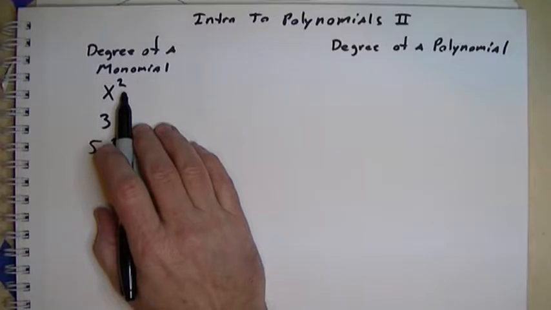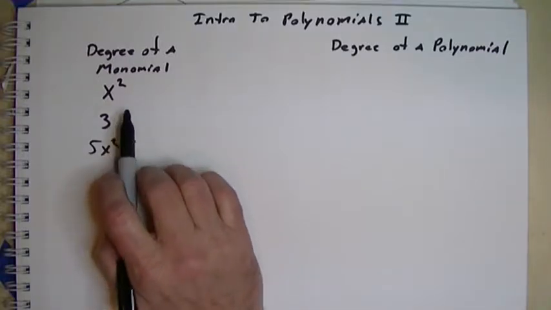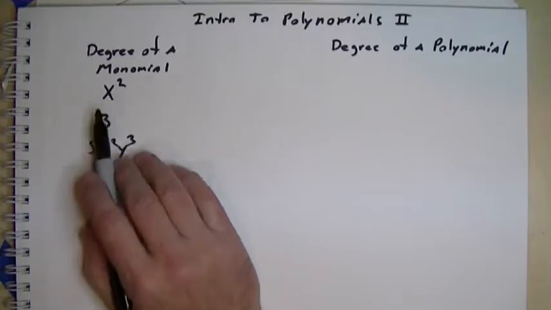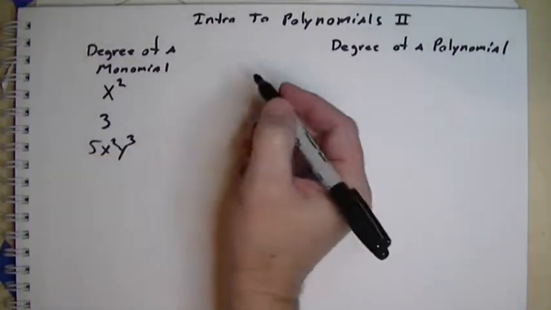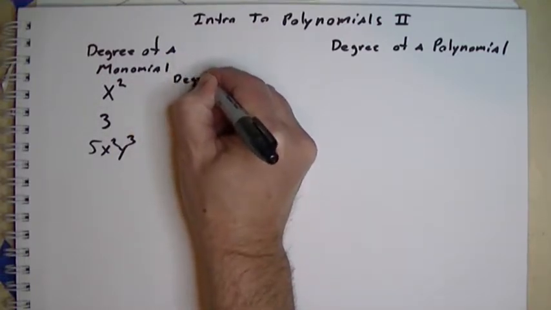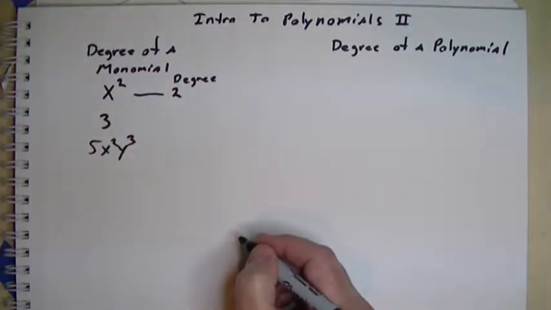And we want to have a way of measuring just how much exponential power each of these monomials have. In the case of this first example, we merely have to look at the degree of this exponent. X is squared, so the degree is 2. So we'll just make a list over here of degree, and in this case the degree is 2.